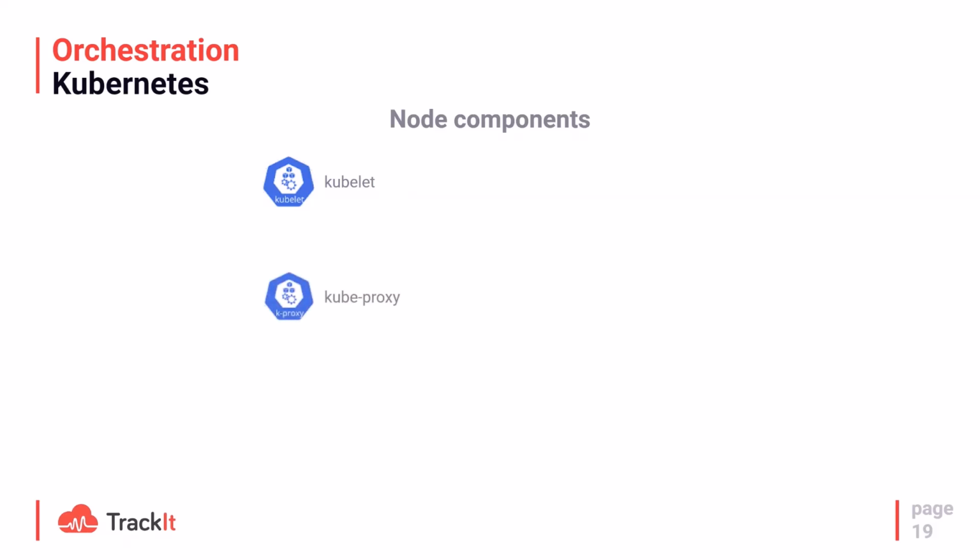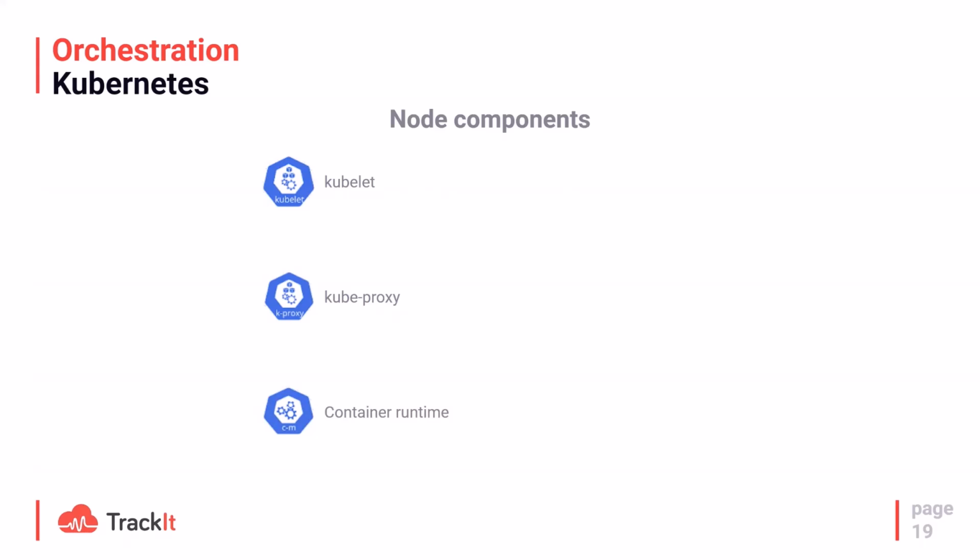And so you have the kube proxy, which is the component that manages the networking inside your nodes and your cluster. It can apply network rules to allow traffic between all the pods. And the kubelet is the component that's going to talk to the container runtime.